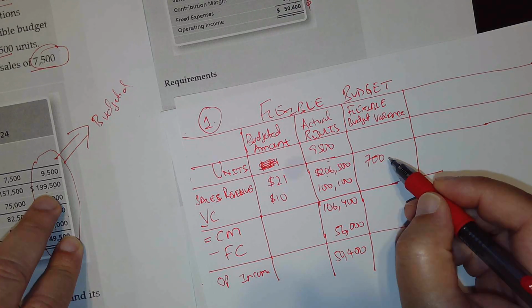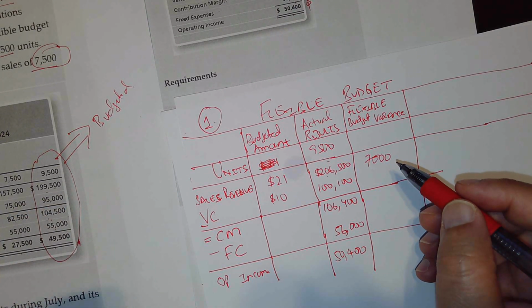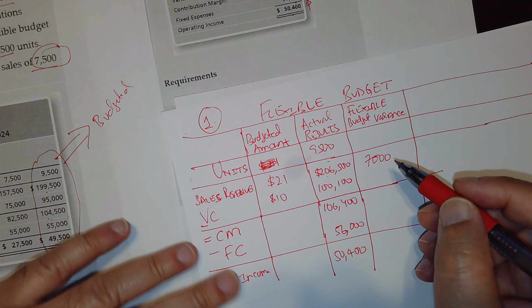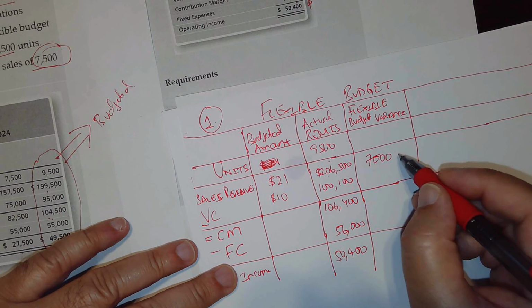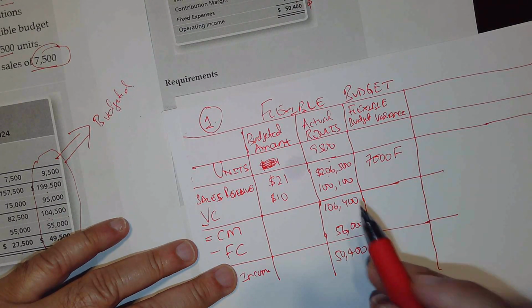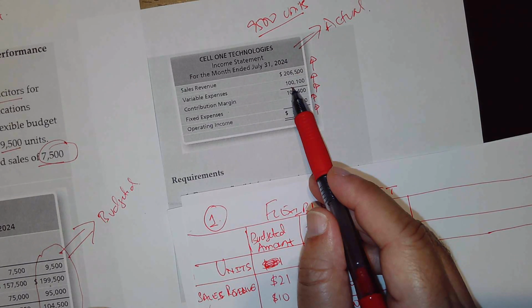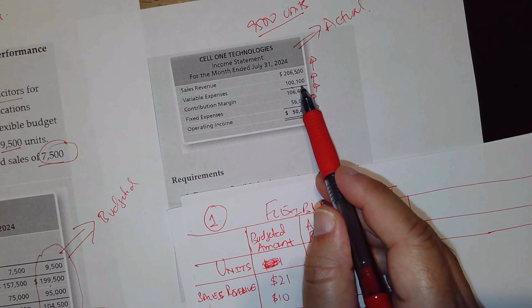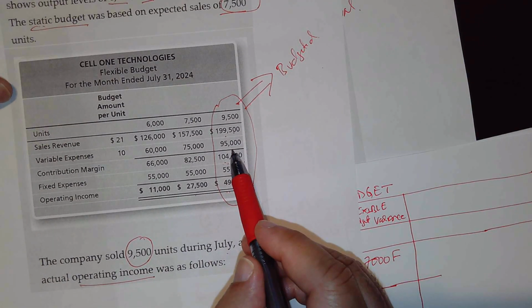Now we know that the variance is either going to be favorable or unfavorable. If the revenue is increasing, it will be considered a favorable increase. Very good. The variable expense is 100,100. So our variable expense went up because our budgeted variable expense was 95,000.